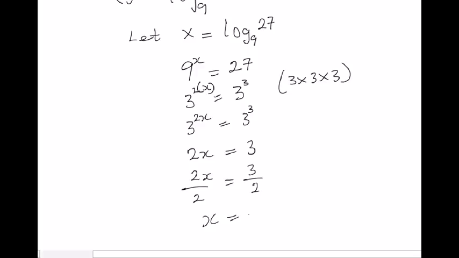Then x equals 3 over 2, or one whole number: 2 in 3 is 1, remainder 1, so 1 and 1 over 2. That's the answer.